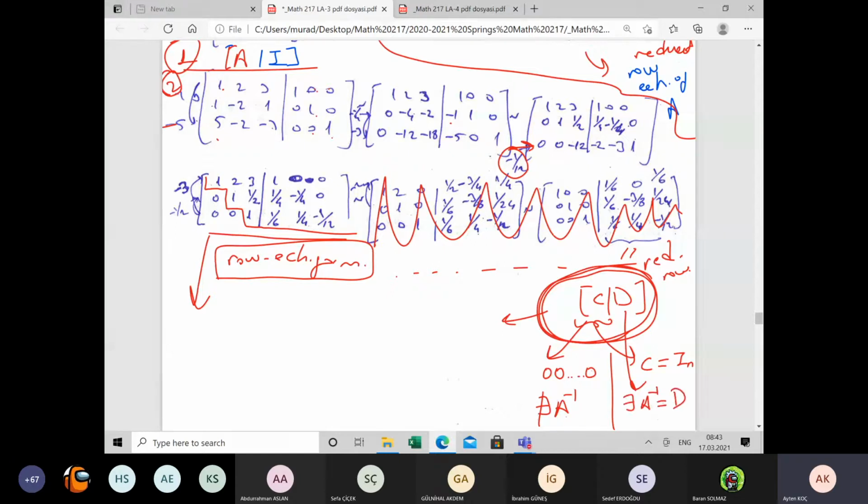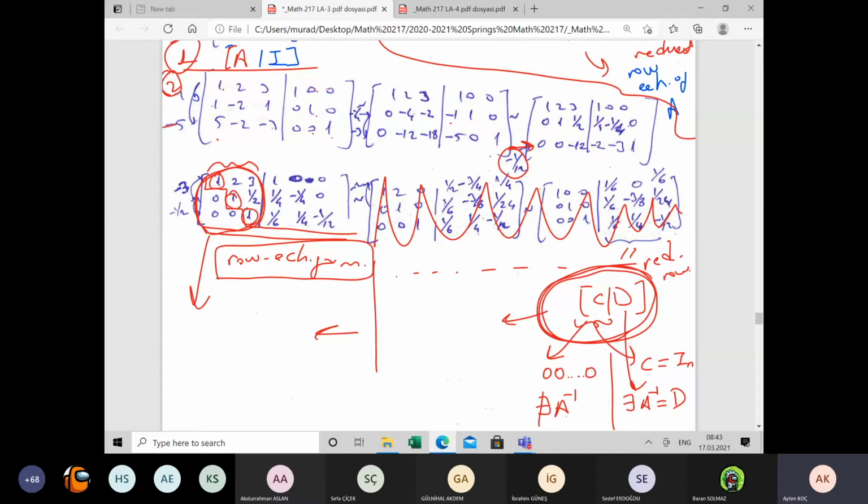Let's come back to this step. Our aim is to check whether our matrix is invertible or not. Look at this: does C contain a zero row or not? It is not possible to get a zero row in the first part, because of leading one, leading one, leading one.